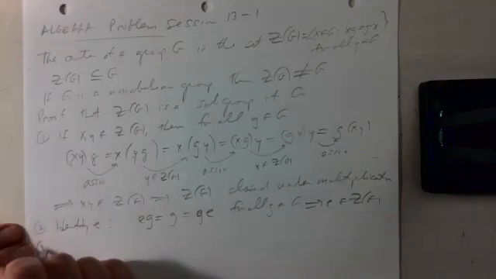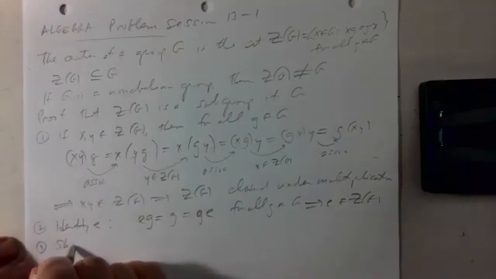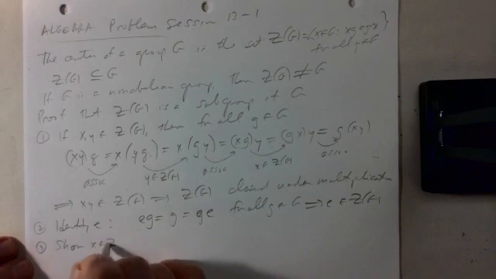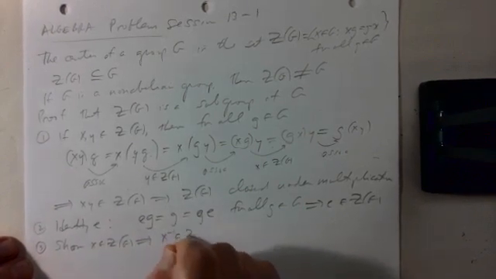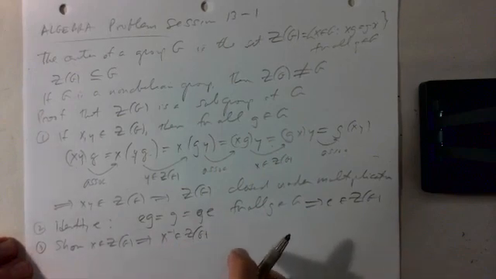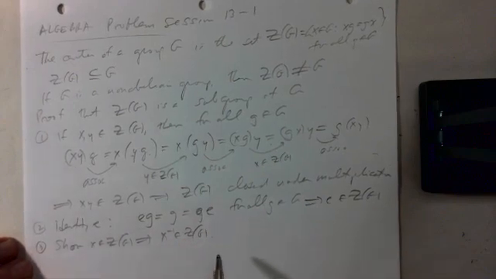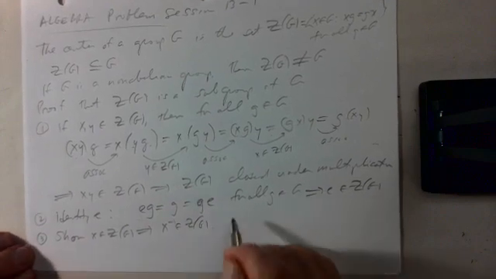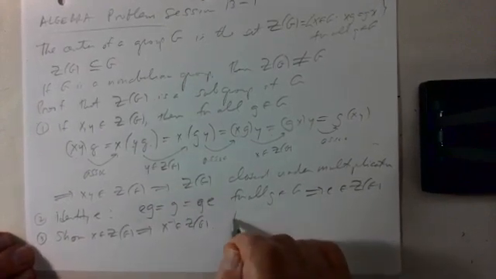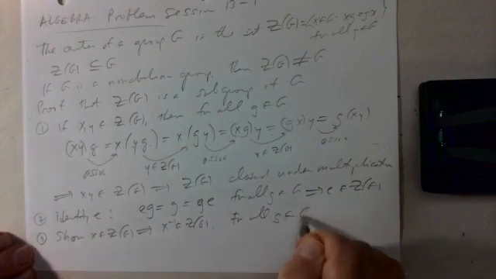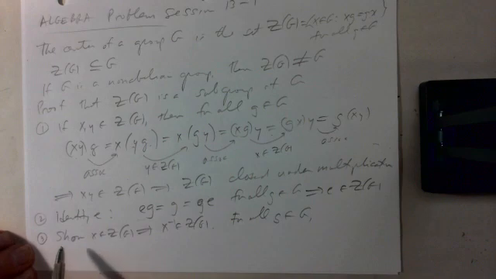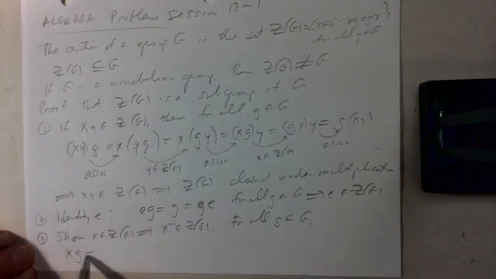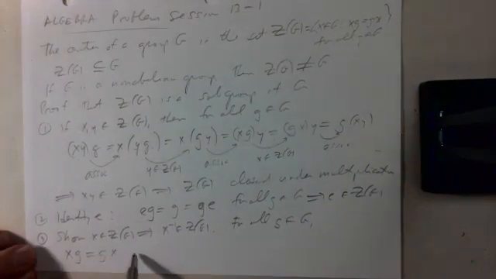And third, we have to show that if X is in the center, then X inverse is in the center. That's the final condition that you have to show for a subset to be a subgroup. So what can we say? For all G in the group, we know that XG equals GX.